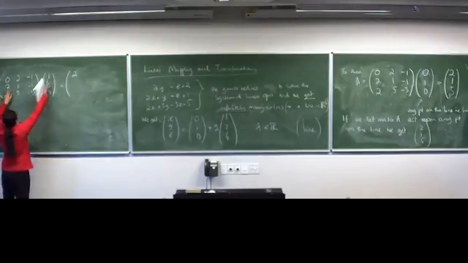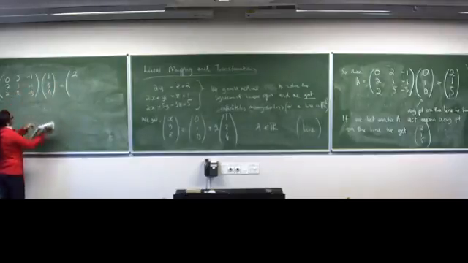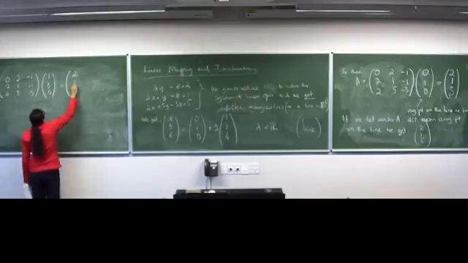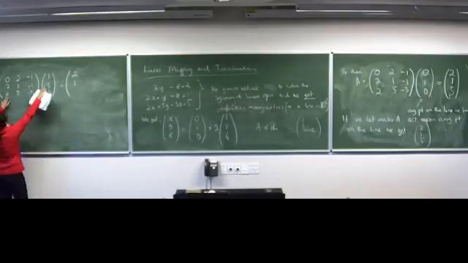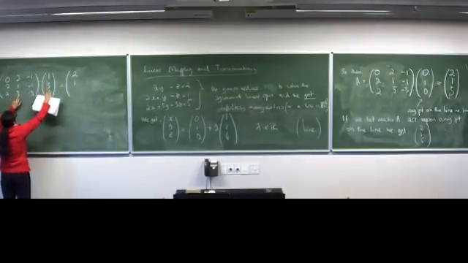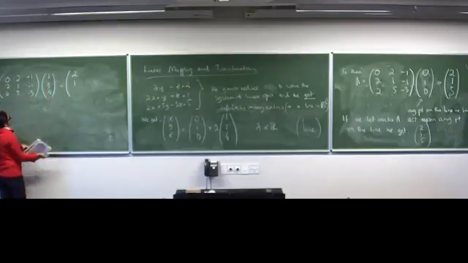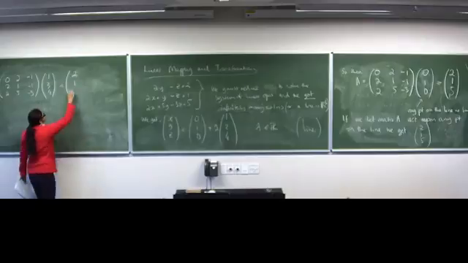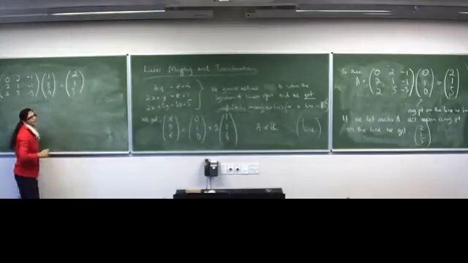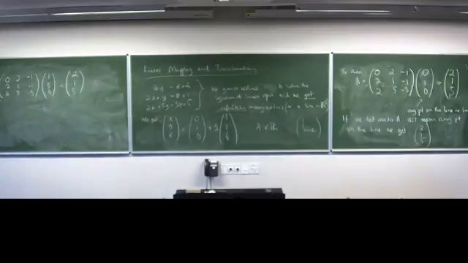Then we've got 2 plus 3, which is 5, minus 4 is 1. And then 2 plus 15, which is 17, minus 12, is 5. Isn't that cool?